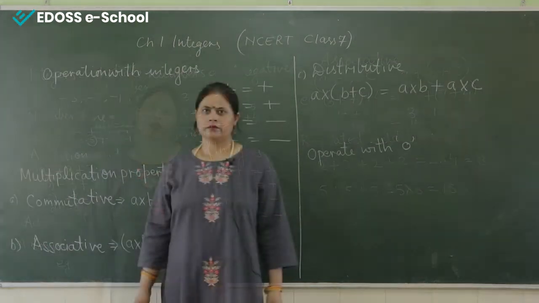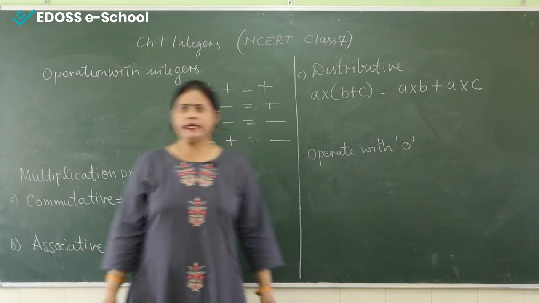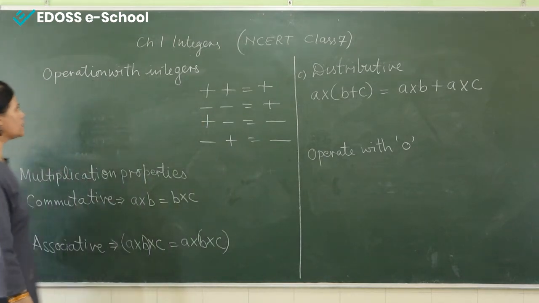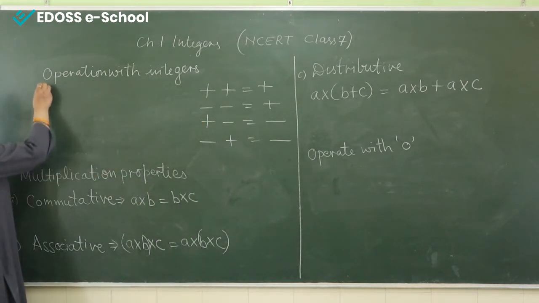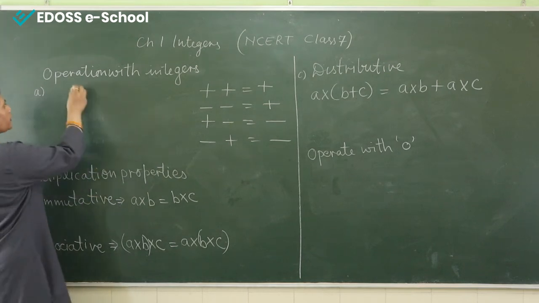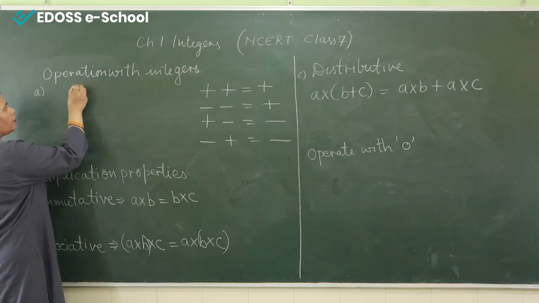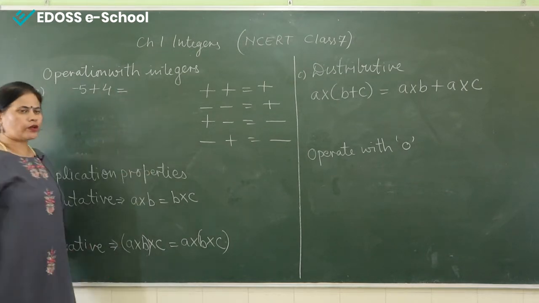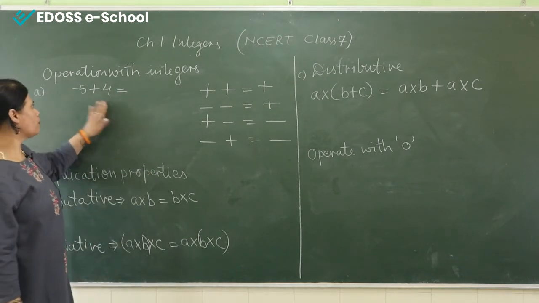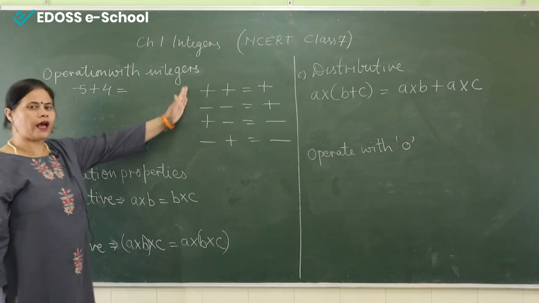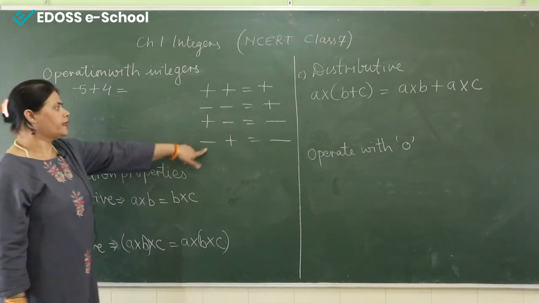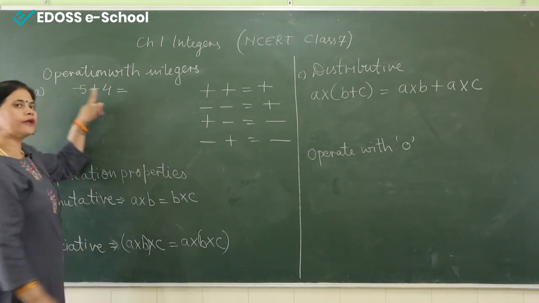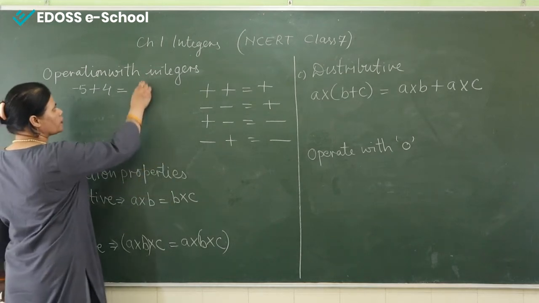That's it. Now the next is operations with integers. Again, first we add the integers. For example, minus 5 plus 4. When we solve these two numbers, with minus and plus signs, we have to use these formulas. So minus plus, we will subtract these two numbers, 5 minus 4 is 1.